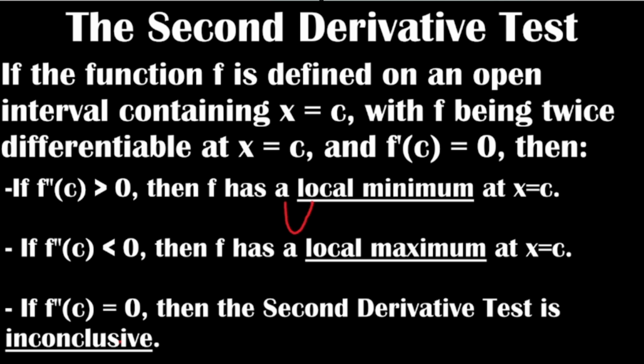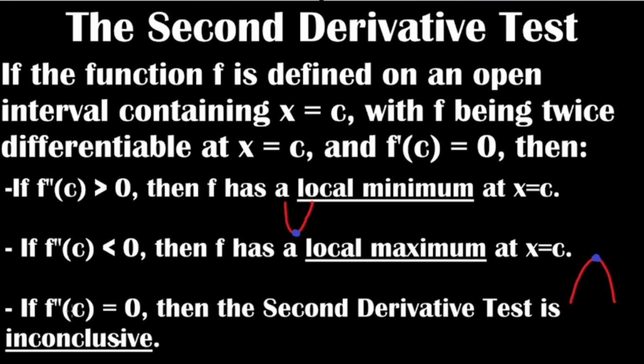So it makes sense that if this is a critical point where the slope is 0, you would have a minimum. Now, if the function is concave down at x equals c, then f must have a local maximum at x equals c. So concave down shape looks like this. So it makes sense that you'd have to have a maximum if your slope is 0 there.